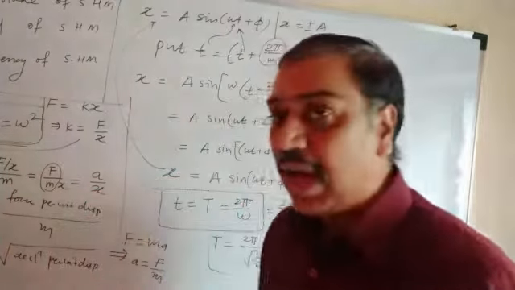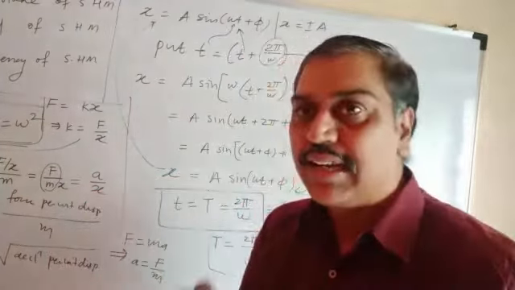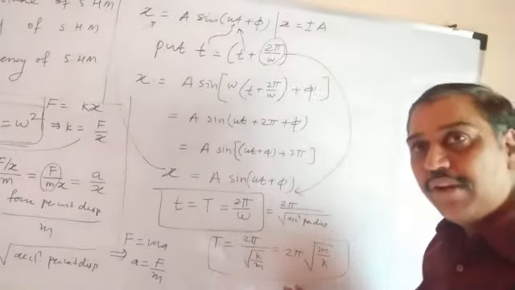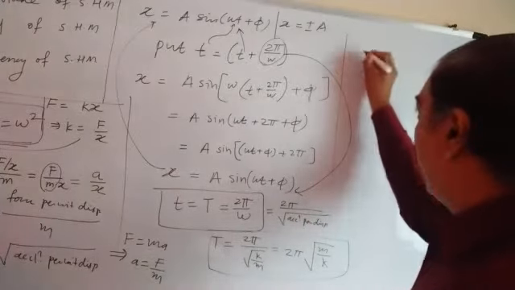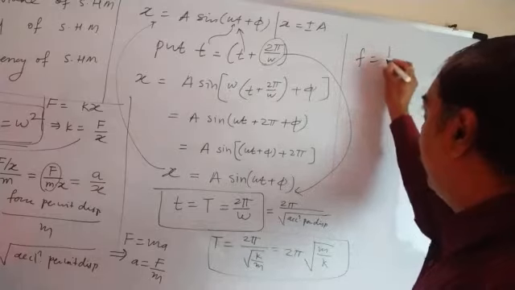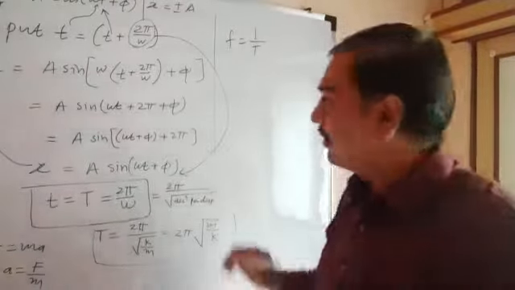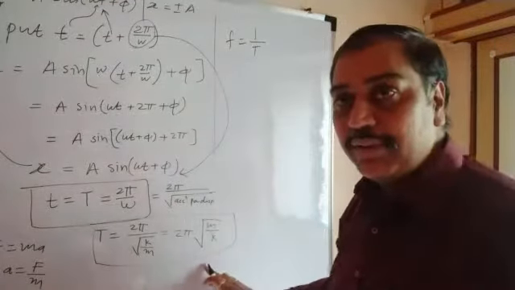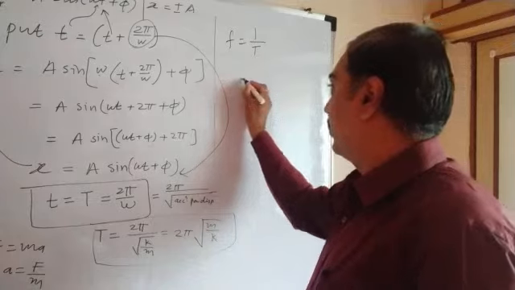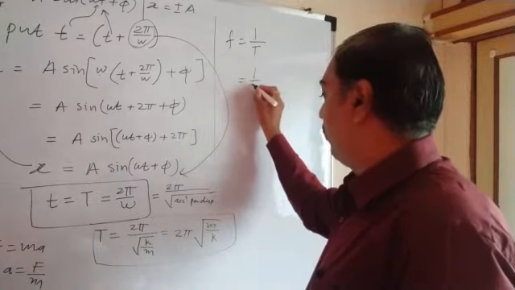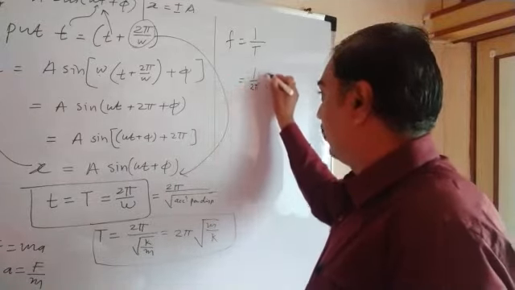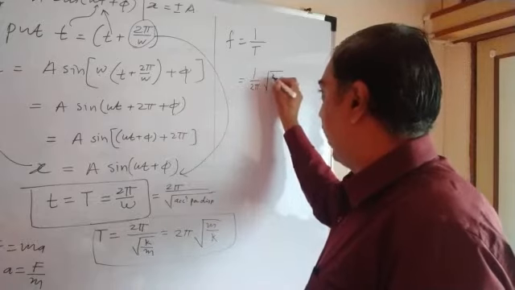Now, another way we can say it: the reciprocal of time is frequency. In short, we have the equation of time as this much. Take its reciprocal, what do we get? Frequency. So we can write F equal to 1 divided by T. What is time? This equation. Put it here, and we can write this equal to 1 divided by 2 pi square root of k by m.